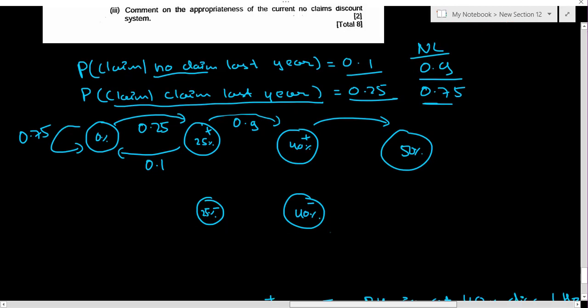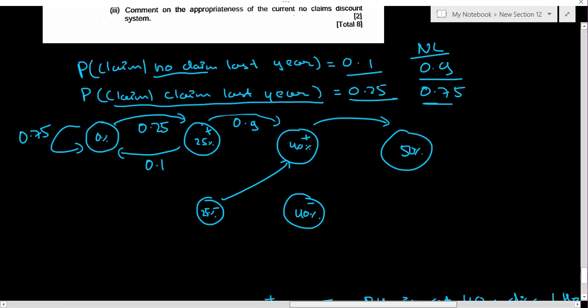Now if you are in 25% minus, that means you had made a claim last year. And if you had made a claim last year, you'll move up to 40% plus, because that indicates that you did not make a claim. So if you are moving up, and if you are not making a claim, then you will move up to 40% plus. Whenever you move ahead you go to a plus state, and whenever you move back you go to a minus state, right?